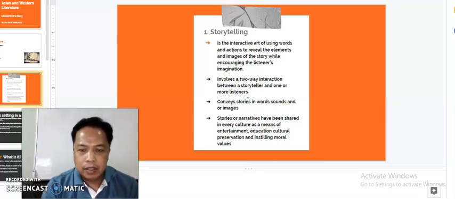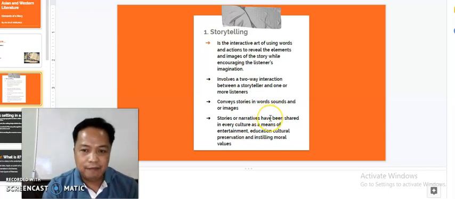So there is two-way interaction, like speaking or telling a story and listening. Of course, there's also understanding about the story. It also conveys the stories in words, sounds, and images.